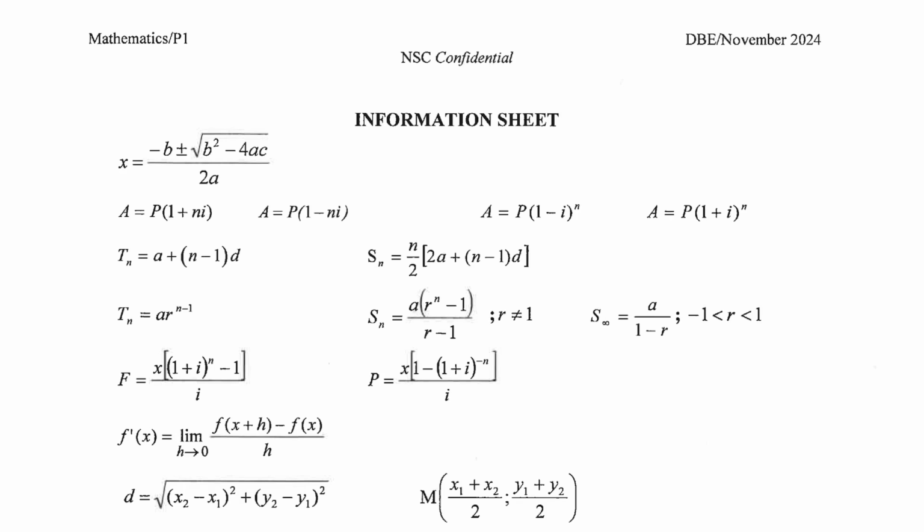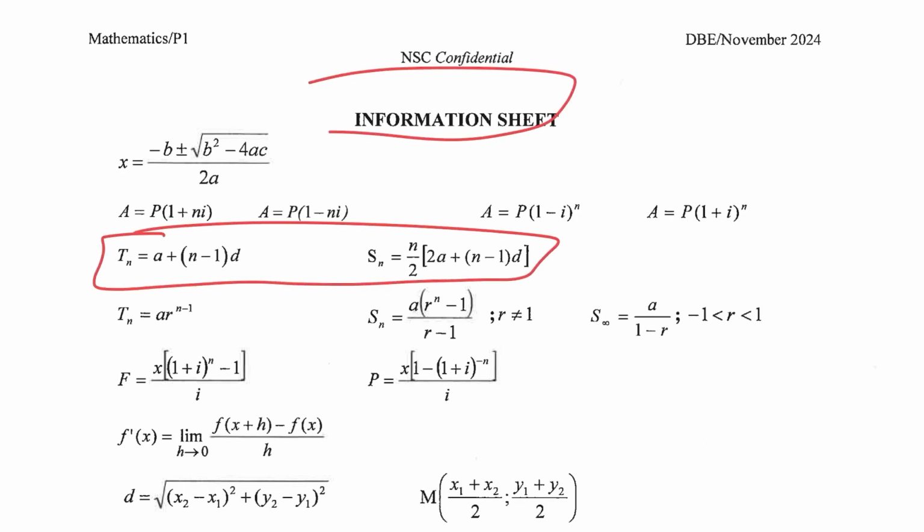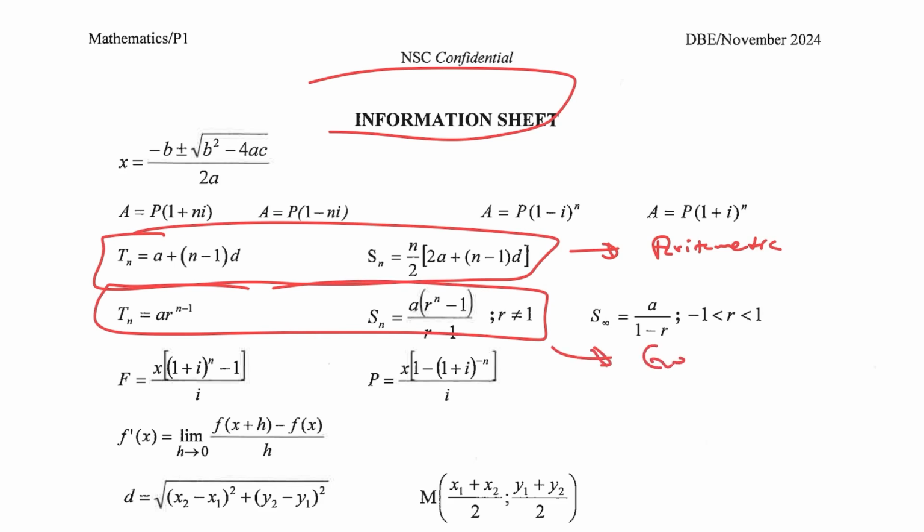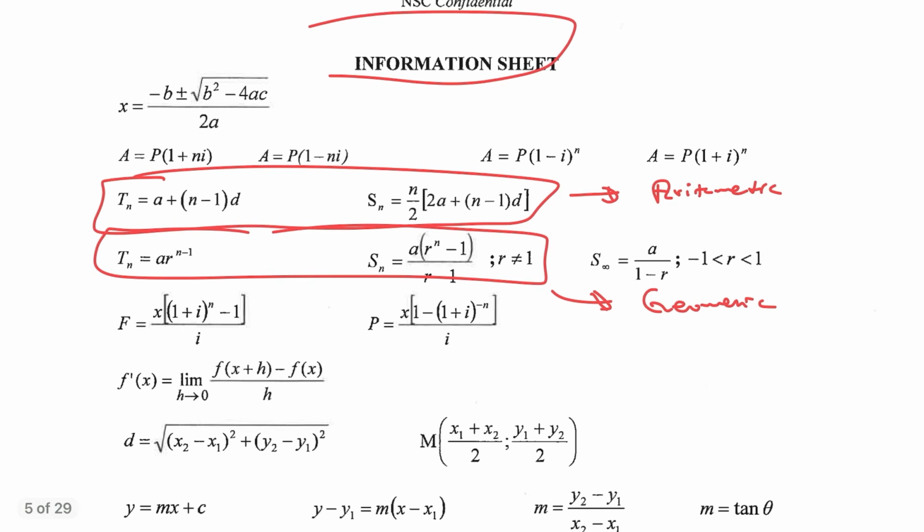These formulas here on your information sheet: this is an arithmetic sequence, and this is your geometric sequence. The difference between the two is really this d here and this r here. D just means a difference.